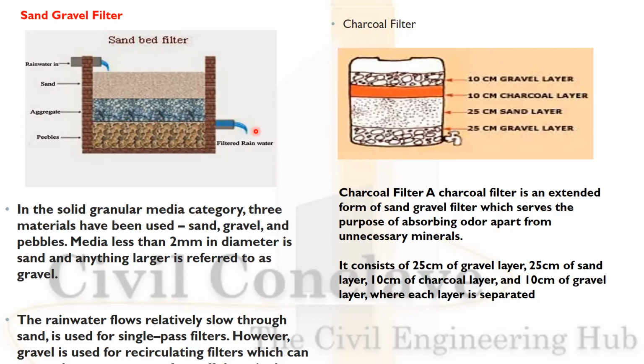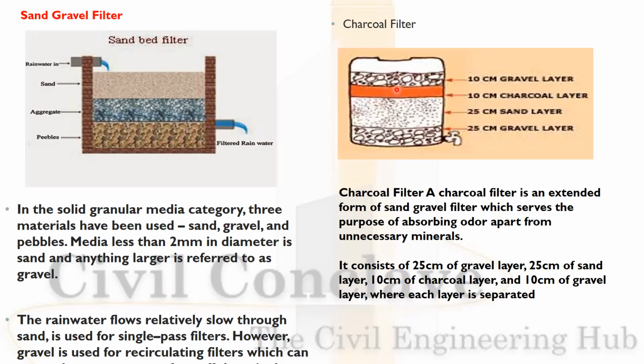Generally, it is a solid granular media which consists of sand, gravel, and pebble. Media less than 2 mm in diameter is sand, and anything larger is referred to as gravel. The rainwater flows directly through the sand, which is used for the single pass filter. However, gravel is used for recirculating filters.